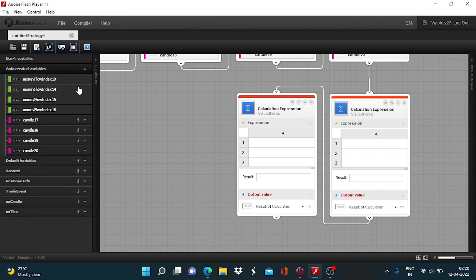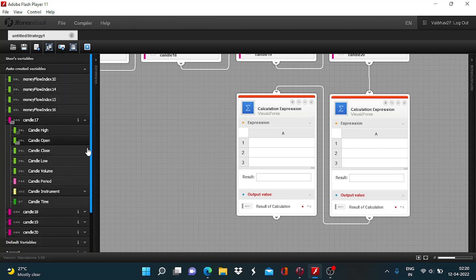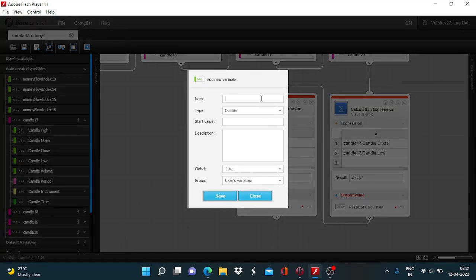So for that we have to consider auto created variables, and here candle close minus candle low. So this one will be A1 minus A2 as per Excel convention, and this difference we will consider for buy side closing requirement.